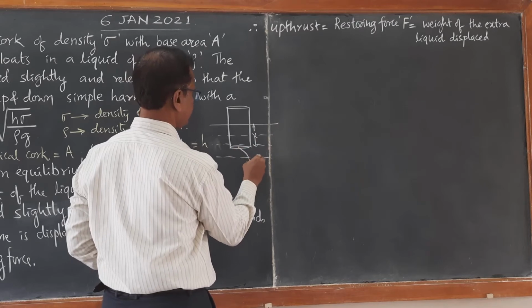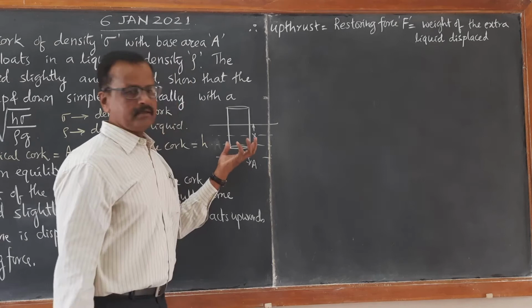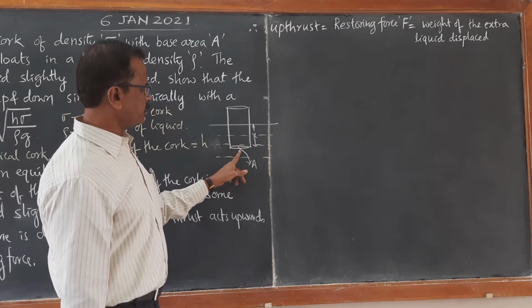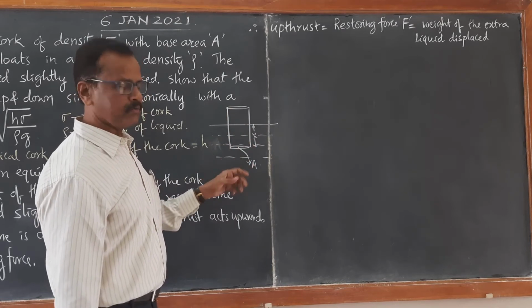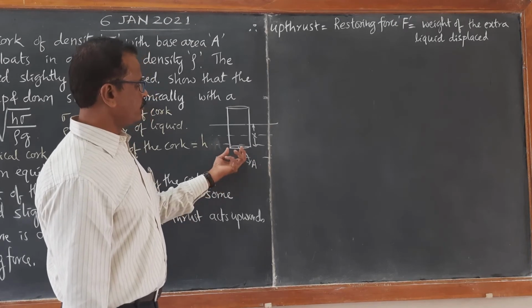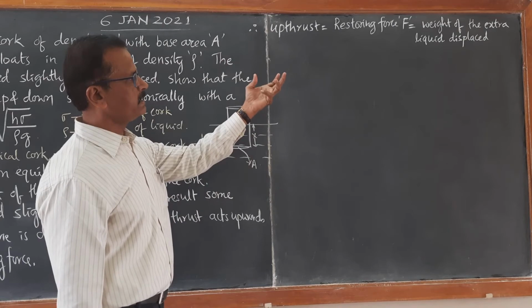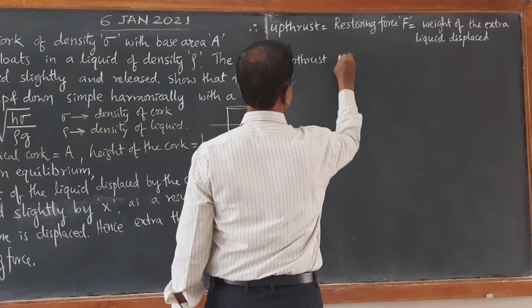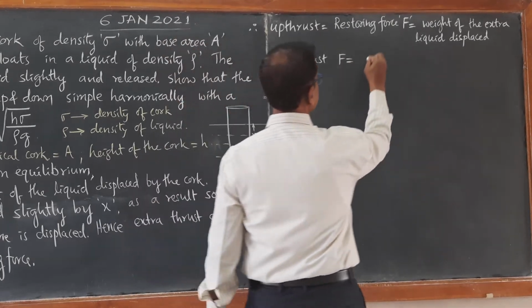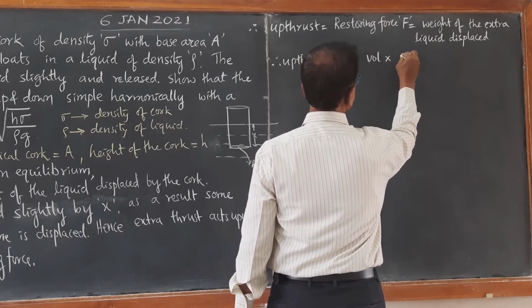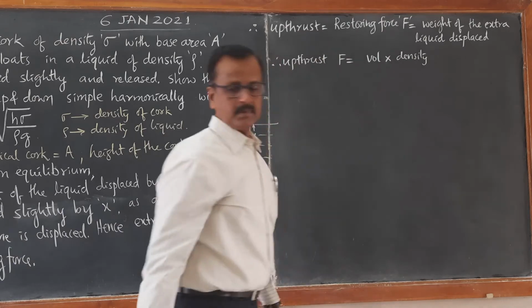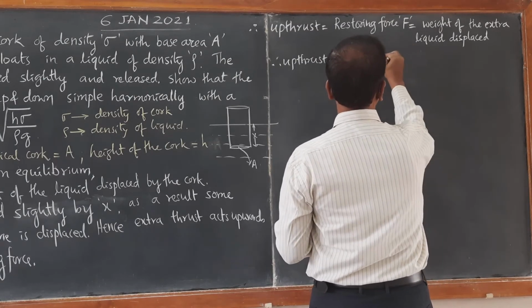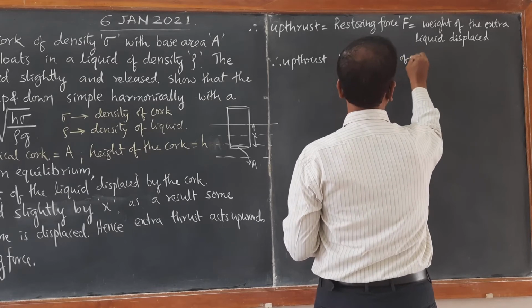Then the volume of the liquid displaced is equal to the volume of the cork depressed inwards, which is circular area into height x. So Ax becomes the volume.